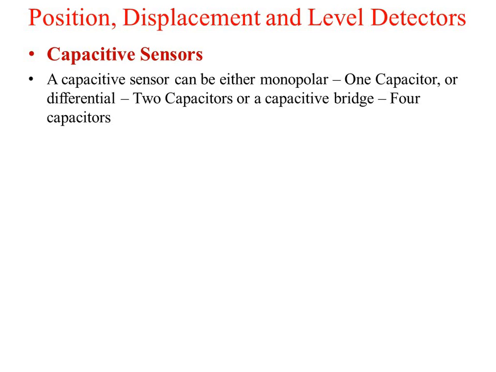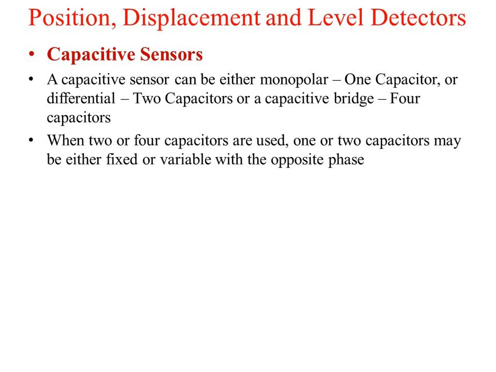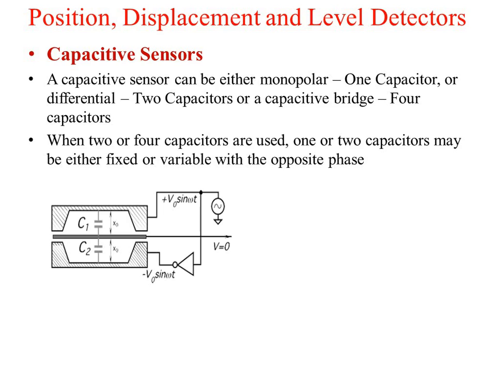Nowadays the 4 capacitors or the bridge are generally utilized because of its sensitivity. So 2 or 4 capacitors are used, with 1 or 2 more capacitors either fixed or variable in opposite phase, so that you can check the voltage.